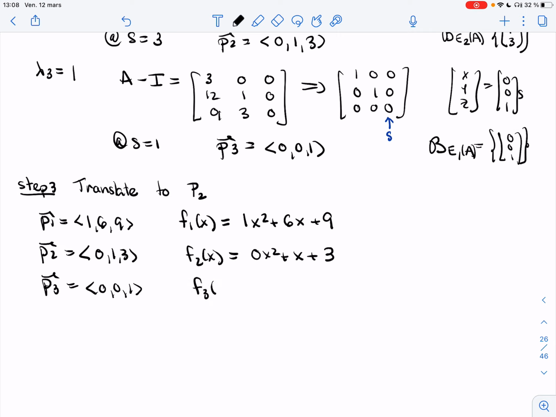So f3 will be 0x squared plus 0x plus 1. All right, and so the basis that we're after, I claim, is x squared plus 6x plus 9, x plus 3, and 1.